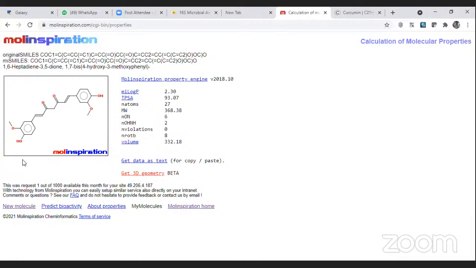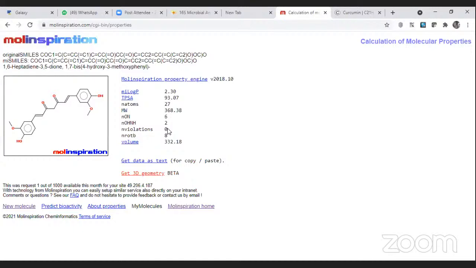So the structure is generated, and you will be getting the structure. These are the properties. As you see, molecular weight is less than 500. This is the number of ON bonds, the number of OH NH bonds, and these are the number of atoms. The main thing here is n violations, meaning the number of violations. The number of violations should be 0.